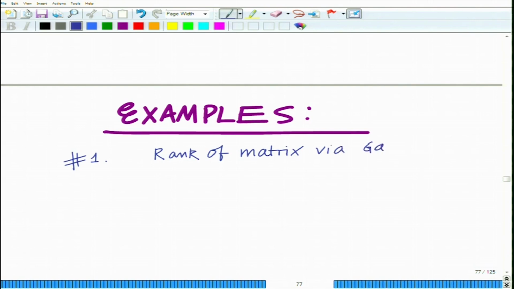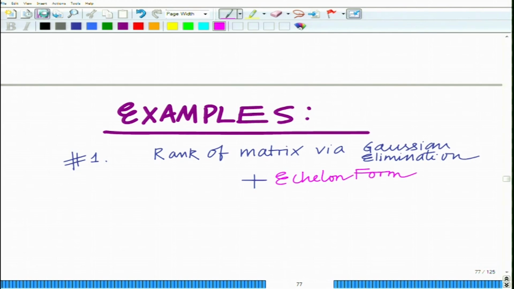We have seen the concept of the rank of a matrix and the echelon form, and we also want to discuss this notion of an echelon form.